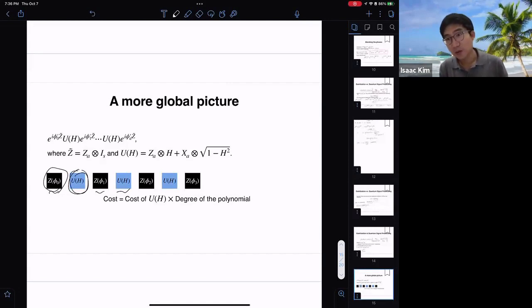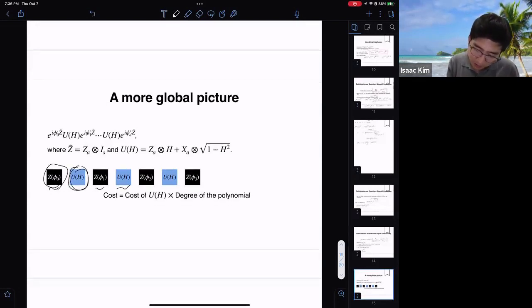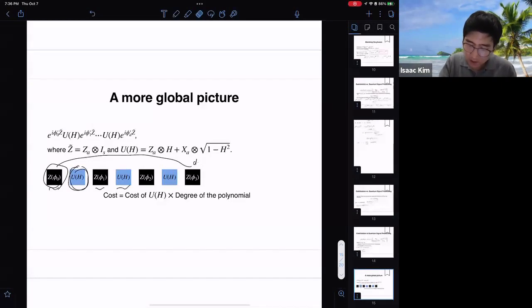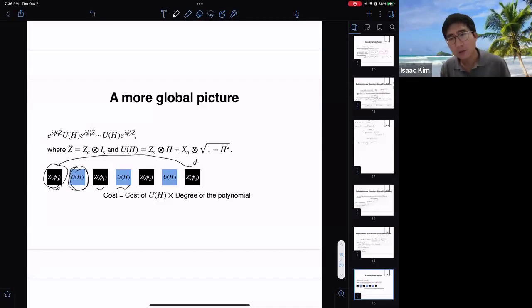And also to understand the cost of the qubitization, that's also very simple. So remember the number of steps here. Let's say there were d+1 steps. Okay, let's say there were d steps. Then the polynomial had a degree of, I don't know what it was, like d or d-1, but d plus minus some constant.